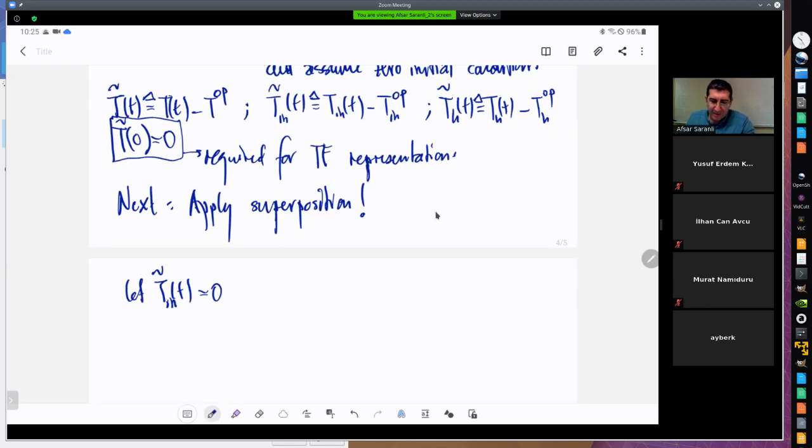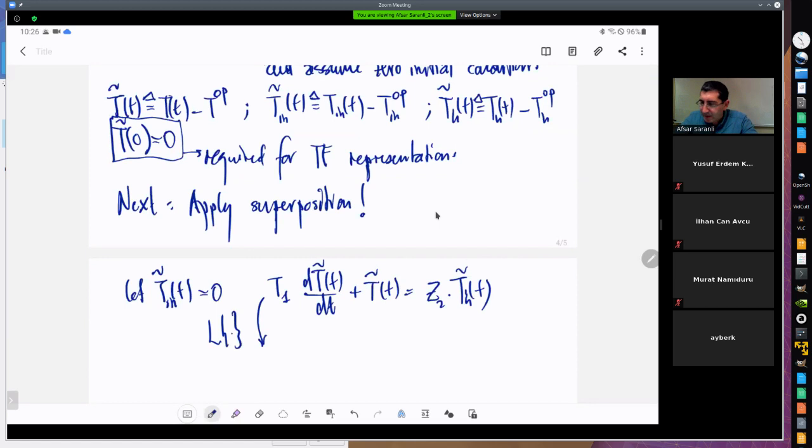In the delta variables world, any 0 means that you're exactly at the operating point and not necessarily 0. So we have in this case T1 dT tilde of t over dt plus T tilde of t is equal to z2 times T H tilde of t. And now let's take the Laplace transform.